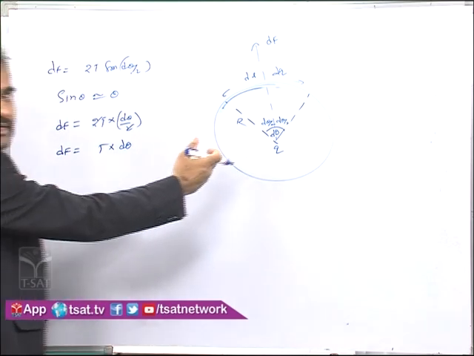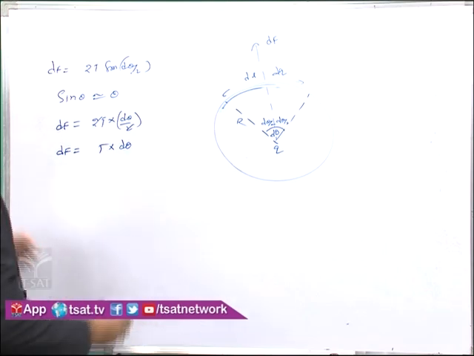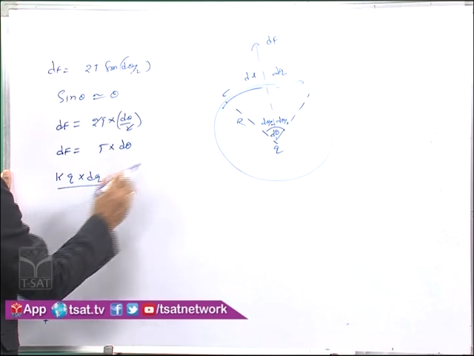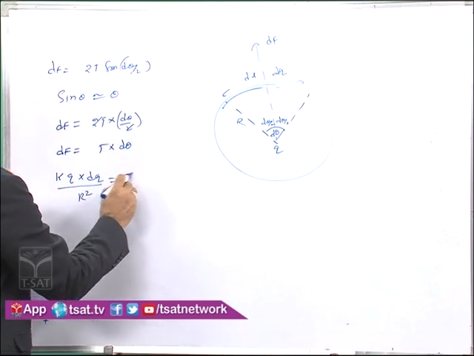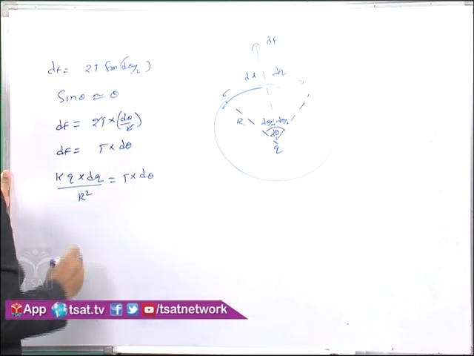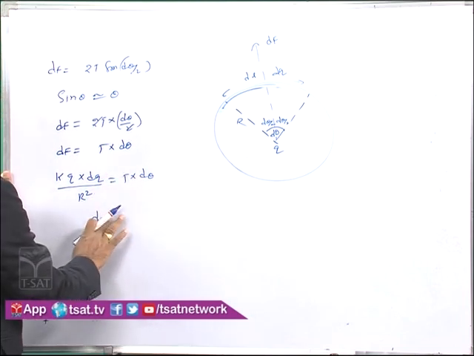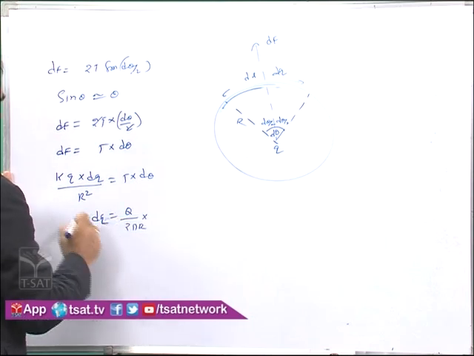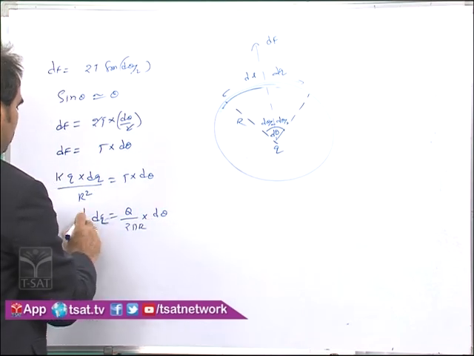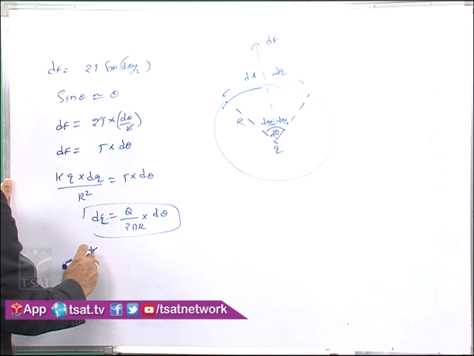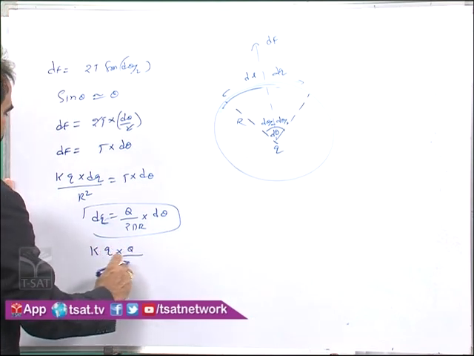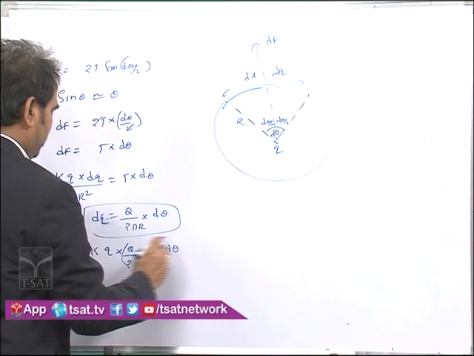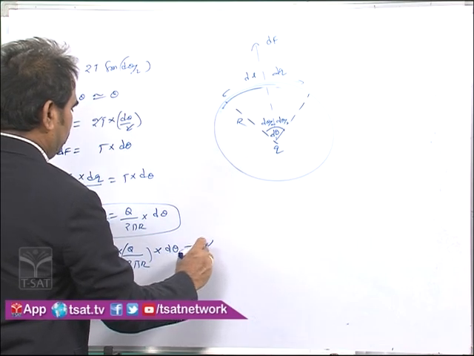The force of interaction between these two charges is given by k into q dq upon r square, which is equal to T into d theta, where dq is equal to Q by 2 pi r into d theta. Now substituting this value, k into q into Q by 2 pi r into d theta is equal to T into d theta.